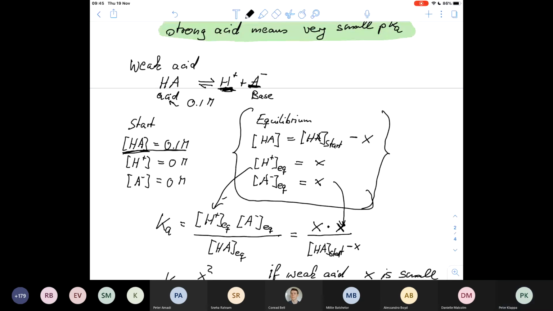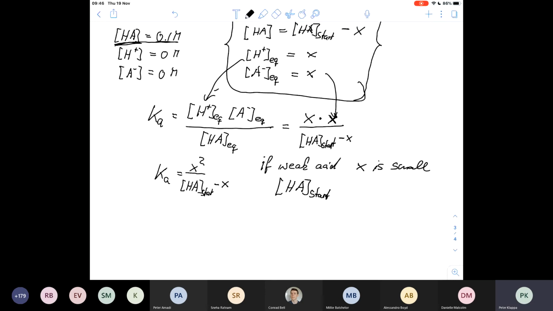And HA start minus X is pretty close, and I symbolize that with these wavy lines, is pretty close to HA start. Because if X is small, take away something very small from something, it's still something similar.